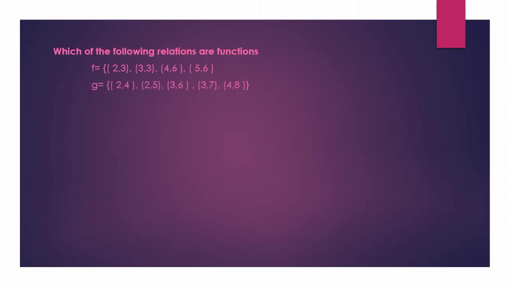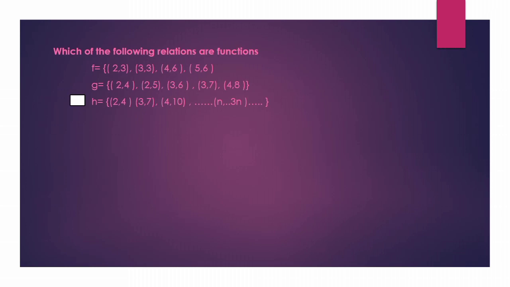Relation G has the set (2, 4), (2, 5), (3, 6), (3, 7), and (4, 8). Relation H has the set (2, 4), (3, 7), (4, 10), and (n, 3n). So which of the three here is a function based on the definition of a function?